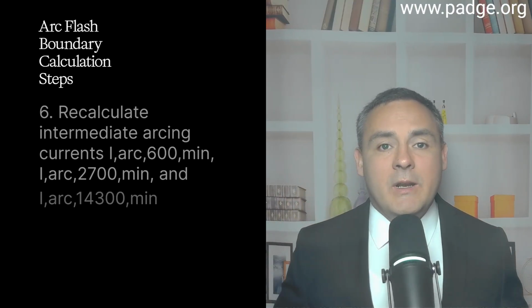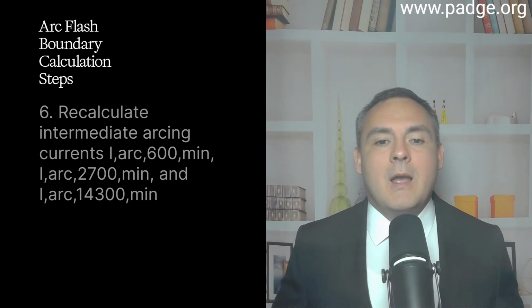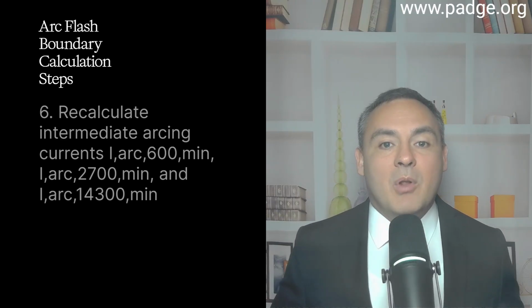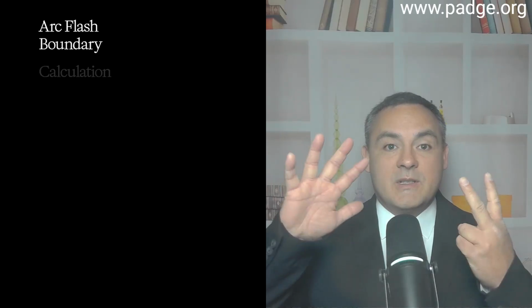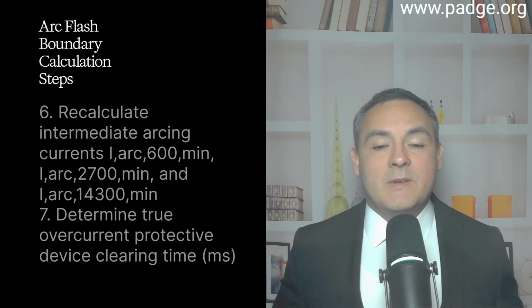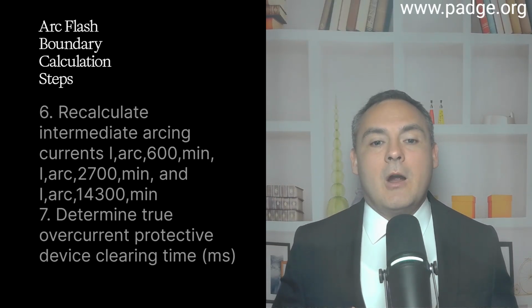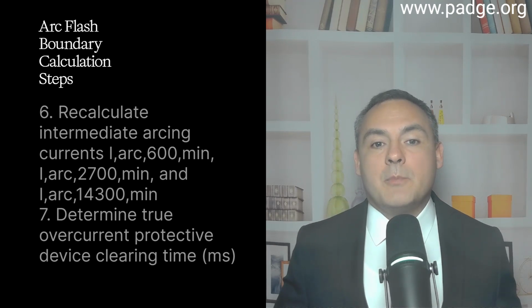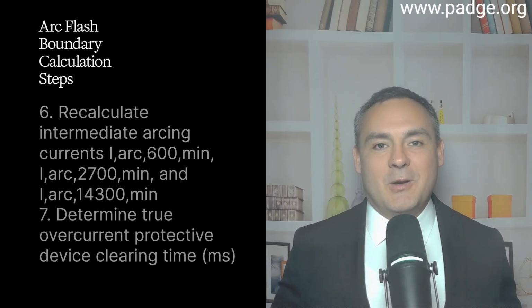Number 6, recalculate the intermediate arcing currents, IARC 600 min, IARC 2700 min, and IARC 14,300 min by applying the arcing current variation correction factor. Number 7, determine the true overcurrent protective device clearing time in milliseconds based on the updated IARC min and interpolating IARC 600 min, IARC 2700 min, and IARC 14,300 min.